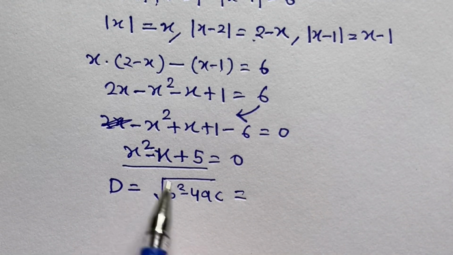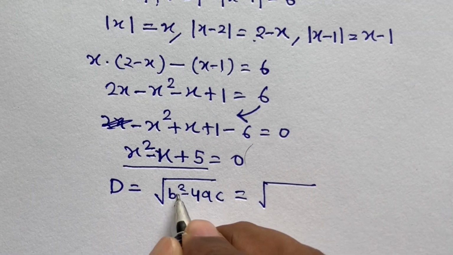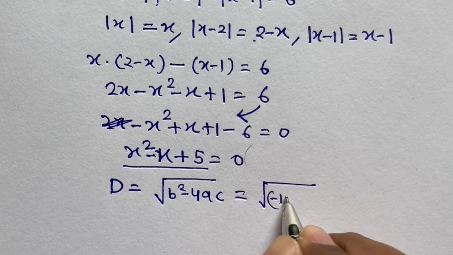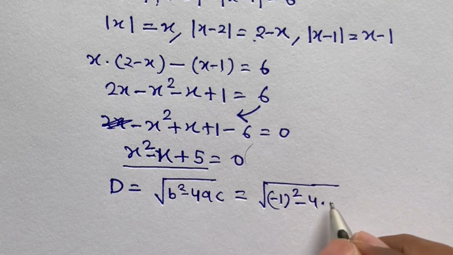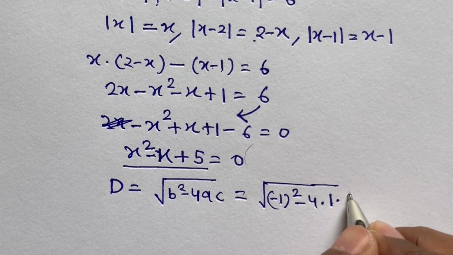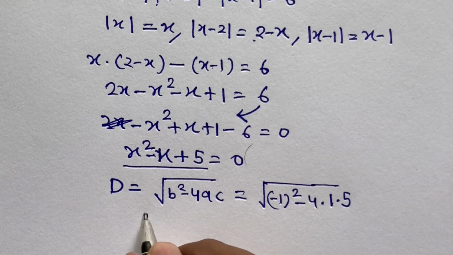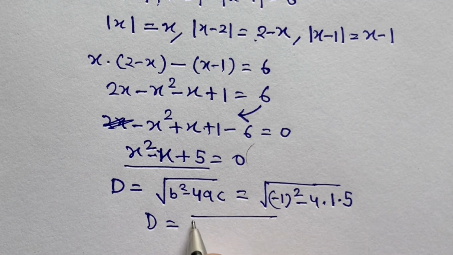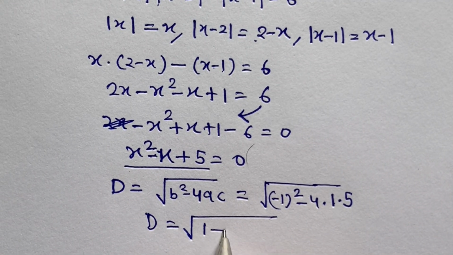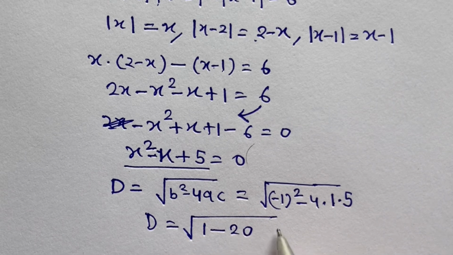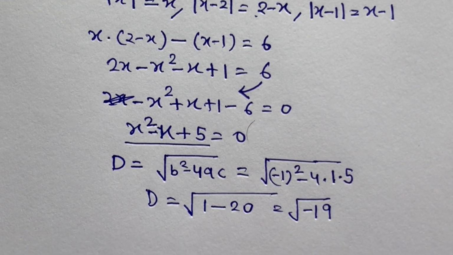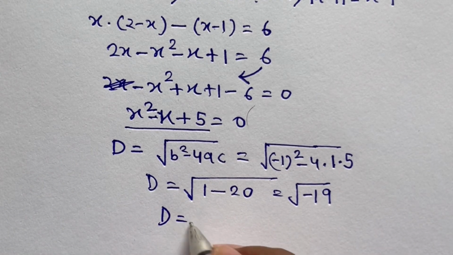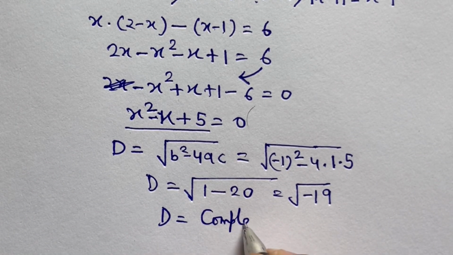So it will be (−1)² − 4 times a is 1 and c is 5. So d will be equal to 1 − 20 = −19, the square root of a negative number. So our d has complex numbers.